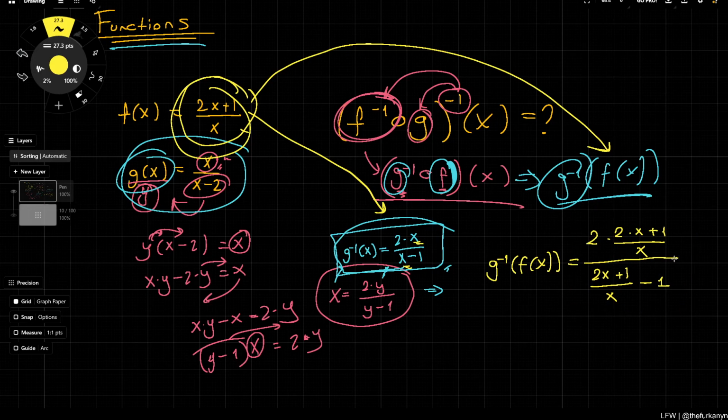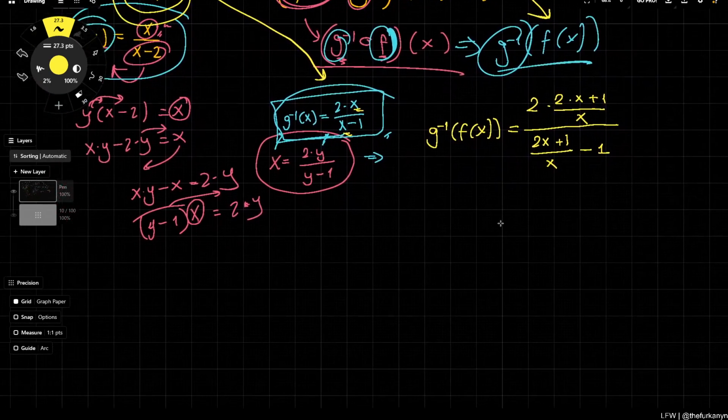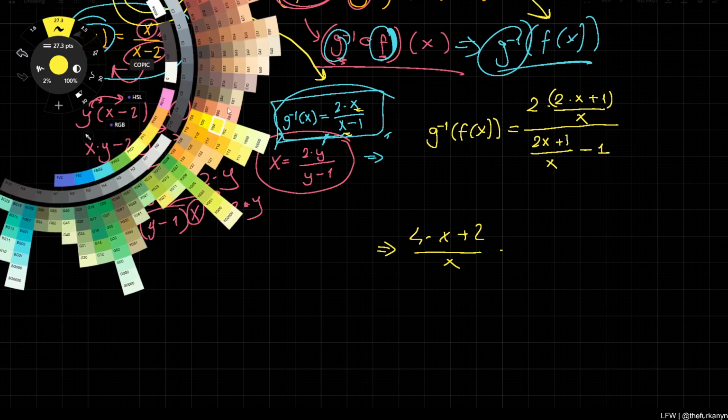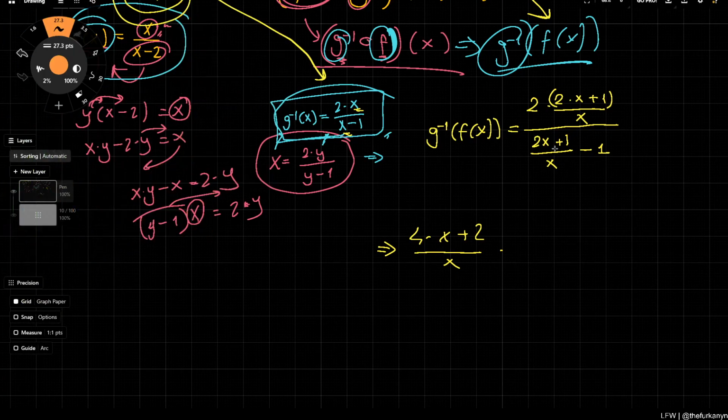Let's make this more clear. I'm going to put a parenthesis here: 4 times x plus 2 divided by x. I'm going to do a different trick over here, and use this pen.